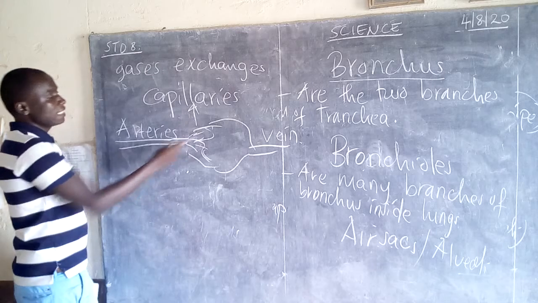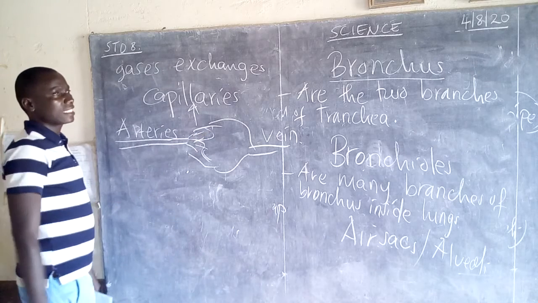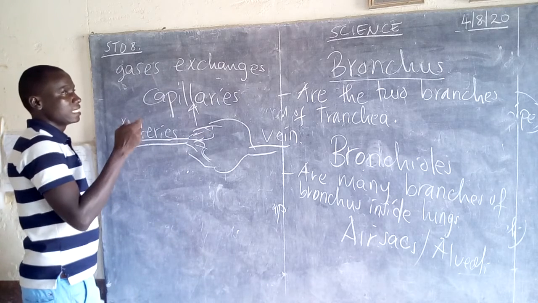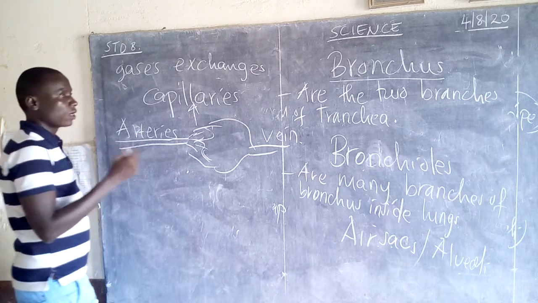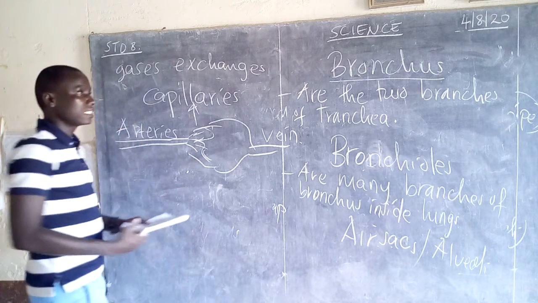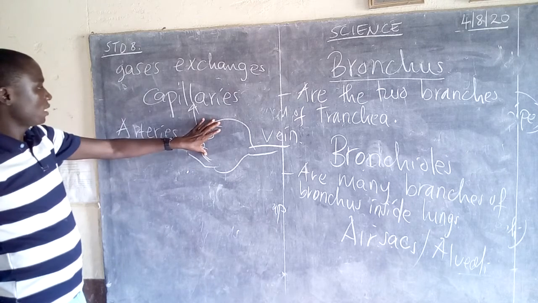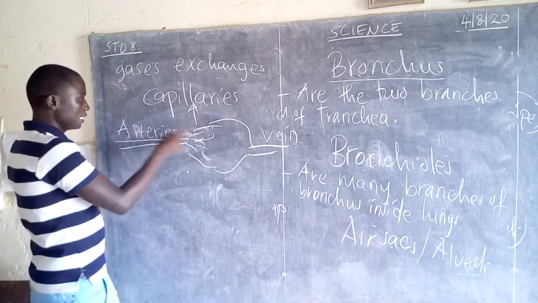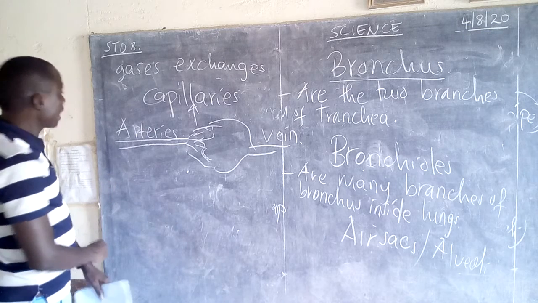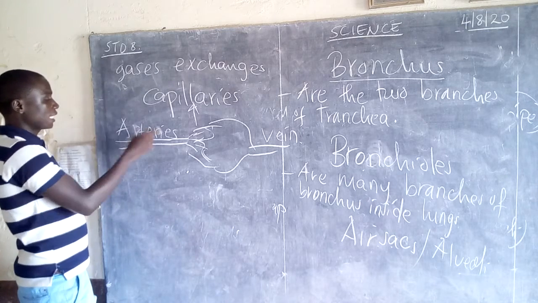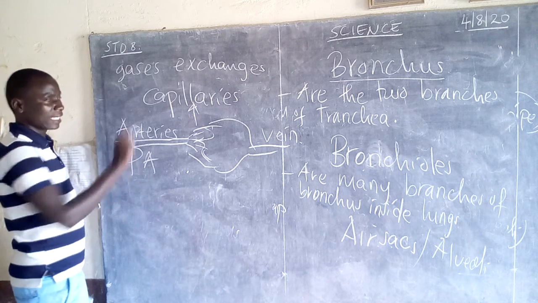So these capillaries are very thin. When you talk about the thickness of the wall, they are very thin. Why are they thin? To allow exchange of material. In this case we are talking about carbon dioxide, carried particularly here by the pulmonary artery.